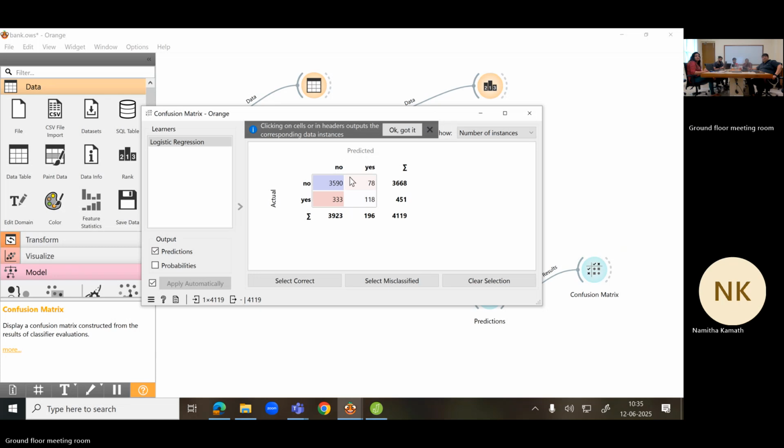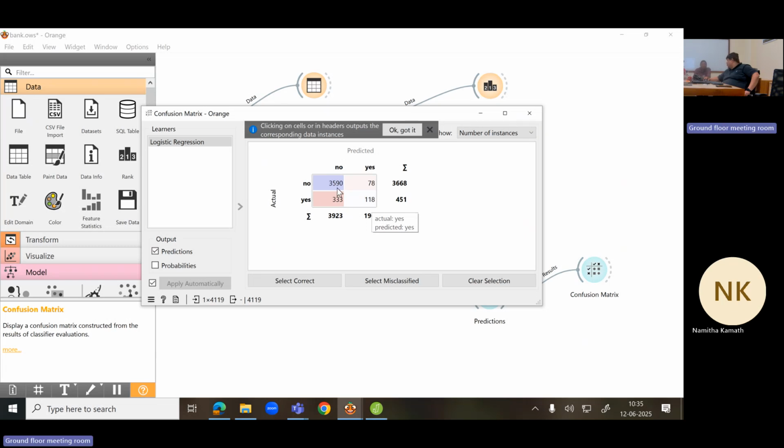Actual versus predicted. The principal diagonal elements are the ones where actual meets predicted: the no-no combination and the yes-yes combination. They are matching, which means that is what the model has done accurately.